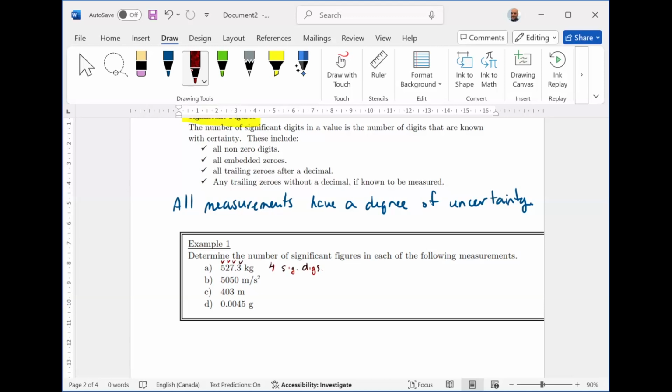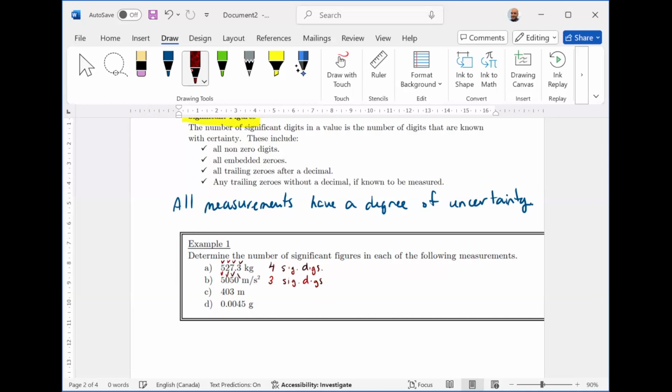This one right here is only going to have 3 significant digits, because this 5 are all non-zeros. This is what we call an embedded zero, which means that it's bound between 2 non-zero digits. And then this final 0 here is a trailing 0, but it's not on the decimal side.